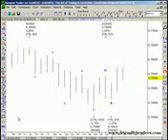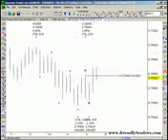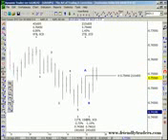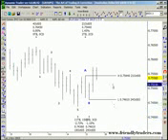What confirms the wave B low was the rally above the October 21st wave A high. So what's going to confirm the wave C high and the completion of the ABC corrective rally? A decline below the October 24th wave B low.